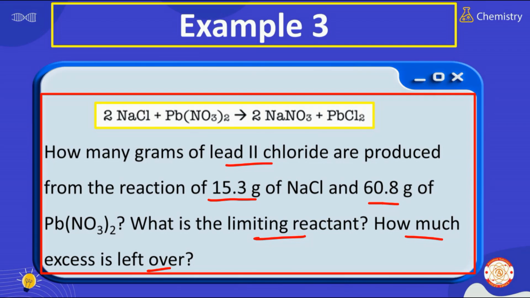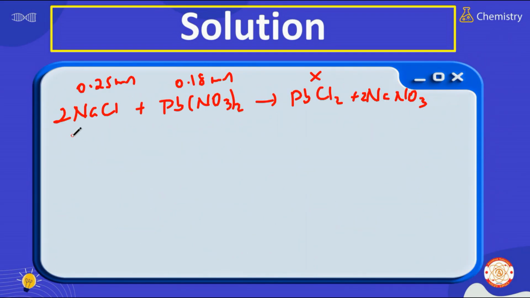Now, we have already determined the limiting reactant. Now let us calculate the amount of lead 2 chloride. Because sodium chloride is a limiting reactant, we have to use the amount of sodium chloride to calculate the amount of lead 2 chloride.